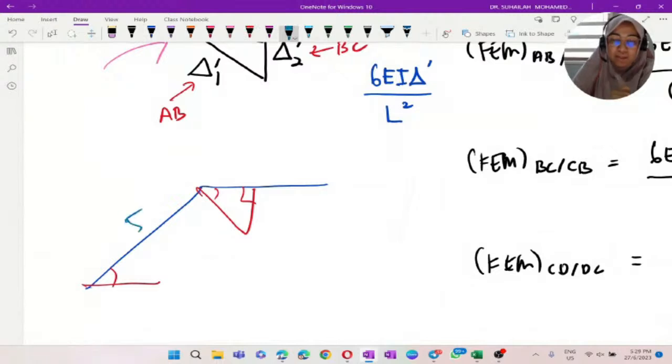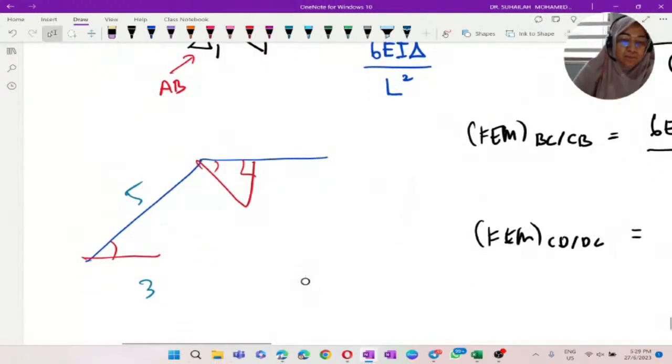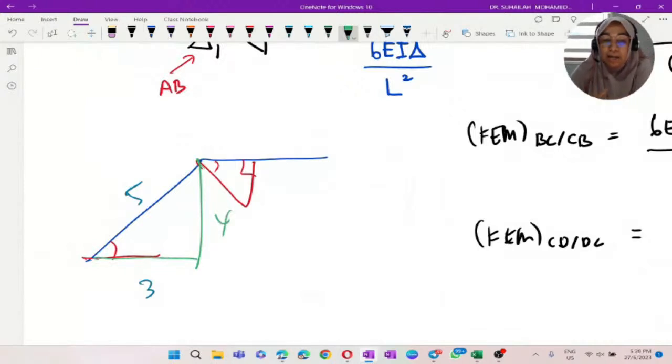This is 5 meter, this is 3 meter. So this will produce the triangle, and this one is 4, so we can calculate the angle.